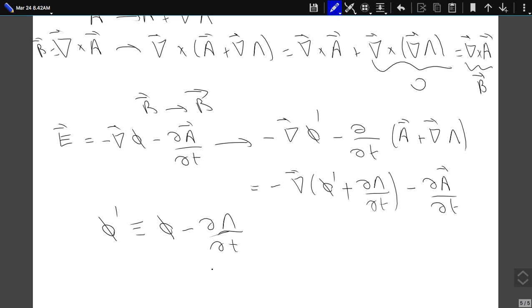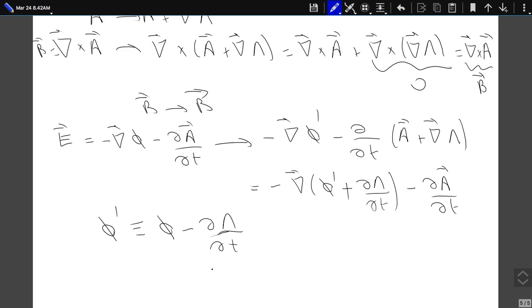Well, why do I want the divergence to be 0? Let's remember our equations for the potentials. We obtained two equations. One was minus the Laplacian of phi minus the time derivative of the divergence of A equal to rho over epsilon.